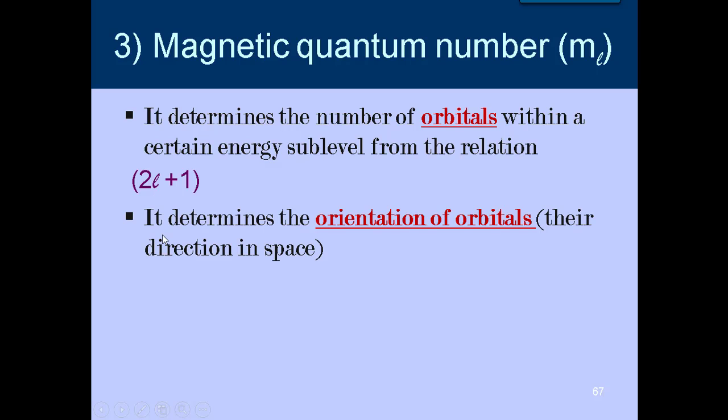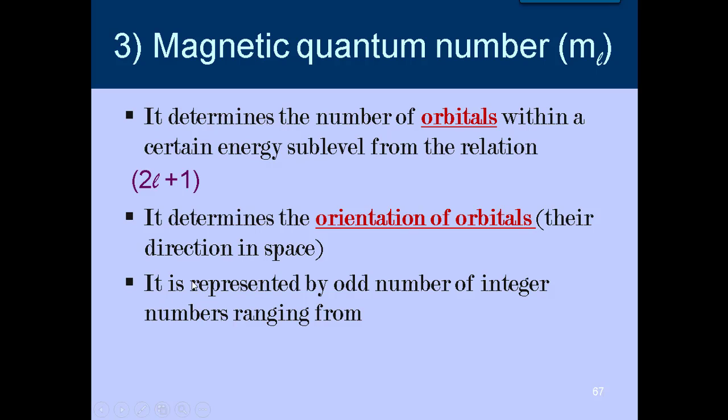It also determines the orientation of orbitals. The word orientation means their direction or their shape in space. So the magnetic quantum number tells us two things. Number one, the number of orbitals from the relation 2L plus 1. The second thing is the orientation of orbitals, or the shape of orbitals in space.